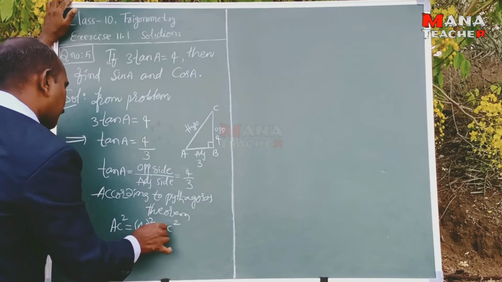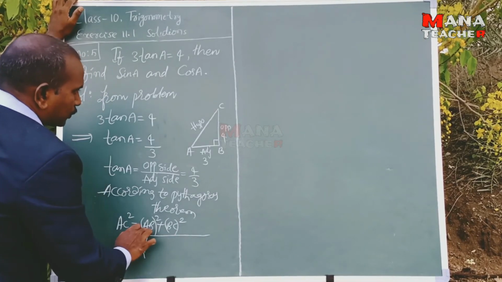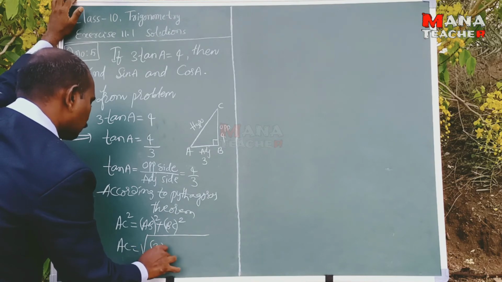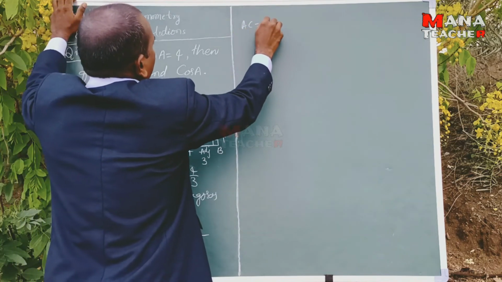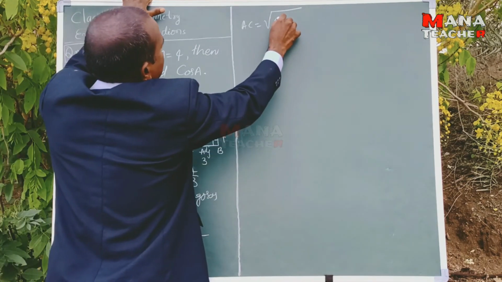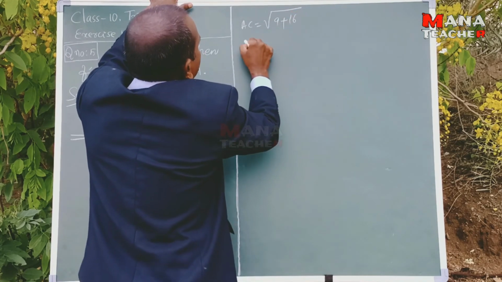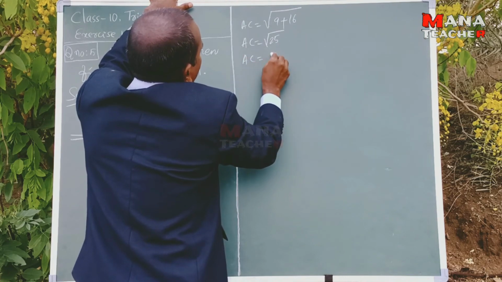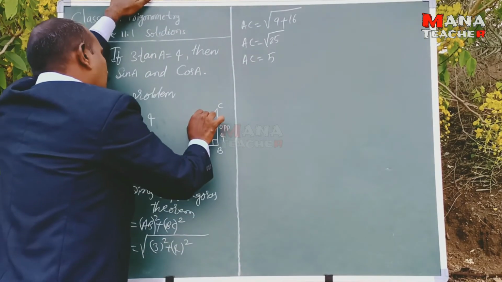Now AC equals under root of 3 whole square plus 4 whole square, that is under root of 9 plus 16, which equals root 25. So AC equals 5. Square root of 25 is 5. Now hypotenuse is 5.